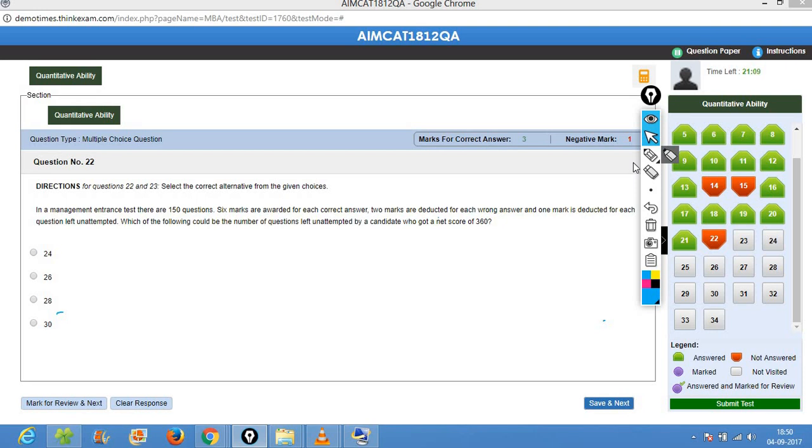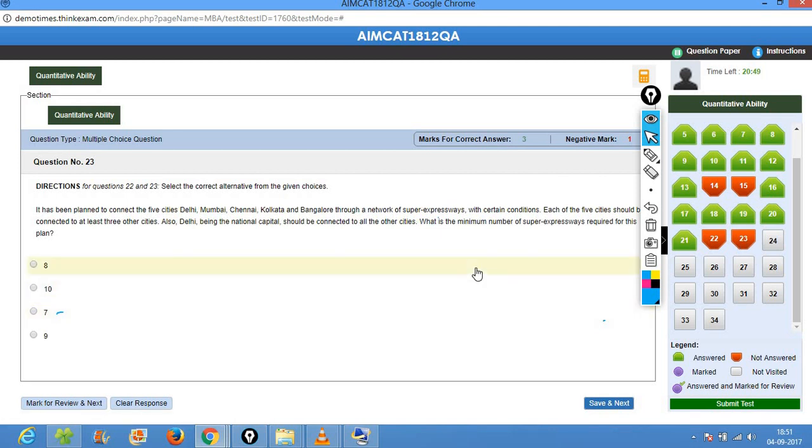Which of the following could be the number of questions left unattempted by a candidate who got a net score of 360? We will look at it later because there are many questions left, and I think there will be many cases.